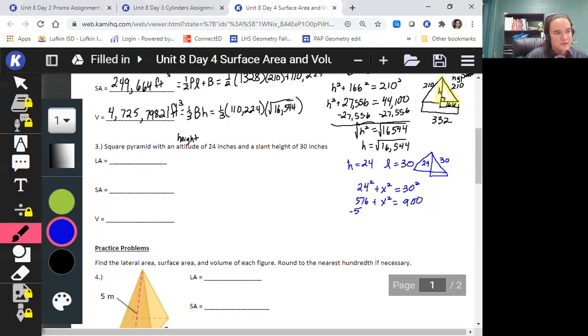And then we're going to subtract 576 from both sides. And we're going to take the square root of 324, and we get 18.